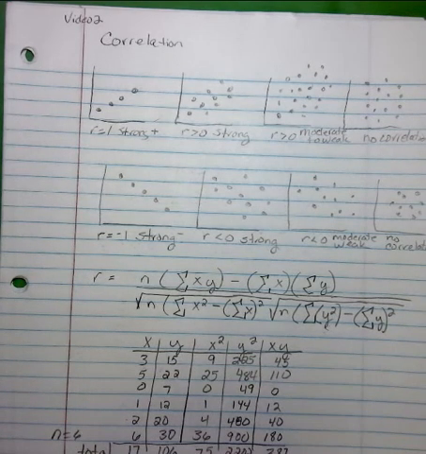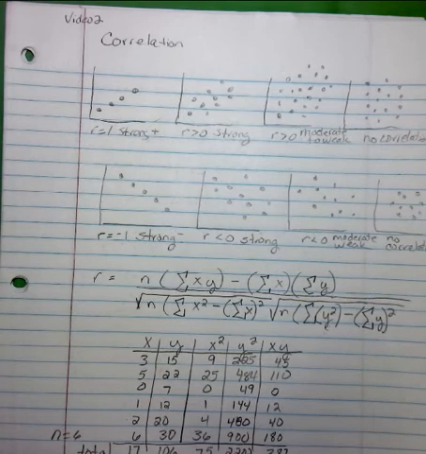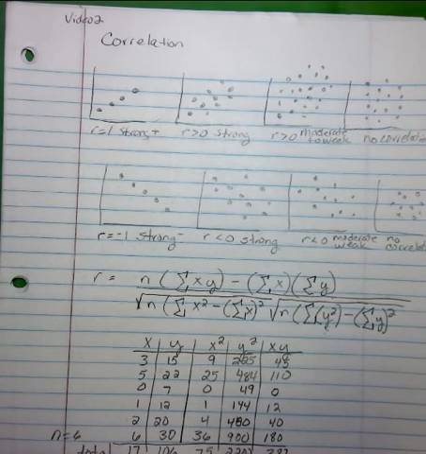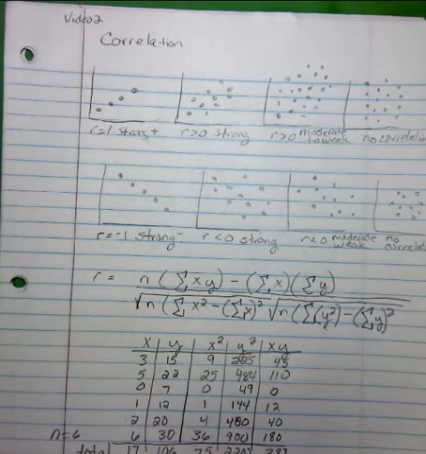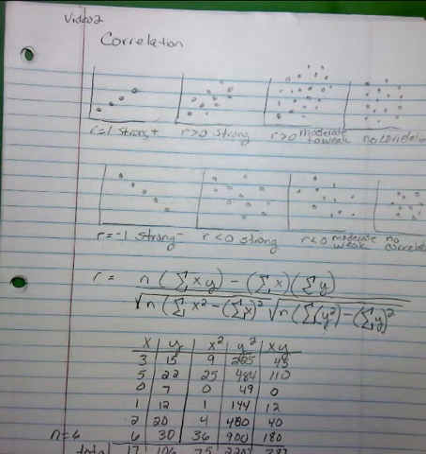And so r equals 6 times 387 is 2322 minus 17 times 106 is 1802. We have the square root here of 161 and the square root here of 1976.